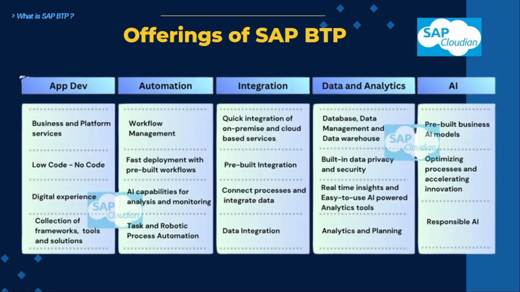Alright, let's move towards the last offering of SAP BTP, that is artificial intelligence. We have heard this terminology quite a bit and many of us are aware of what artificial intelligence is. So let's try to understand what is the role of artificial intelligence in SAP BTP. Basically, artificial intelligence powers the SAP Business Technology Platform by accelerating innovation, optimizing processes, and maximizing resources.